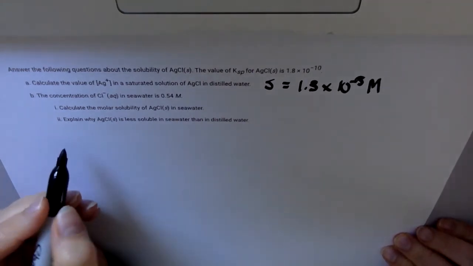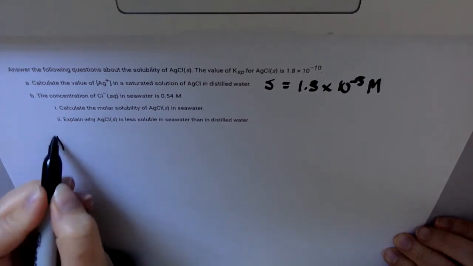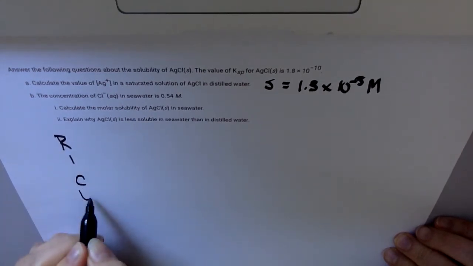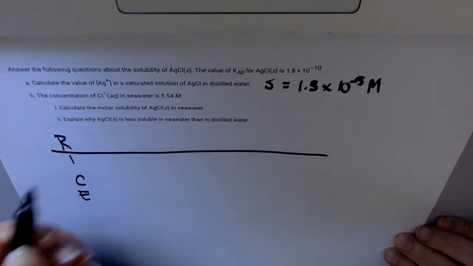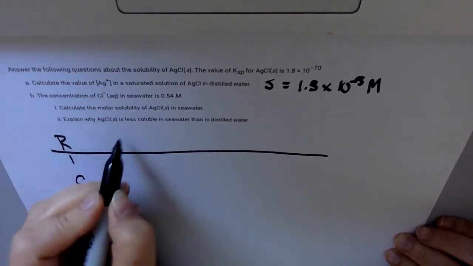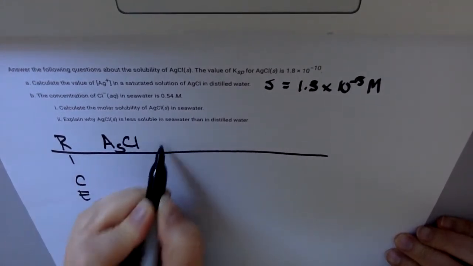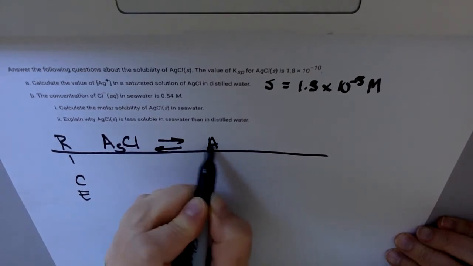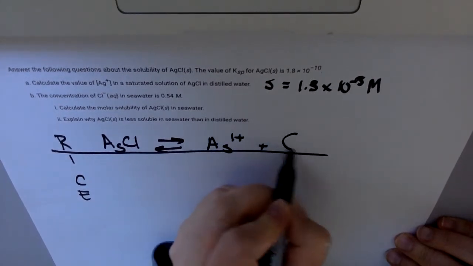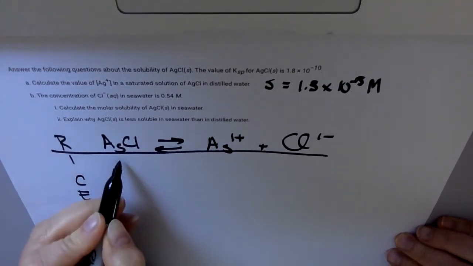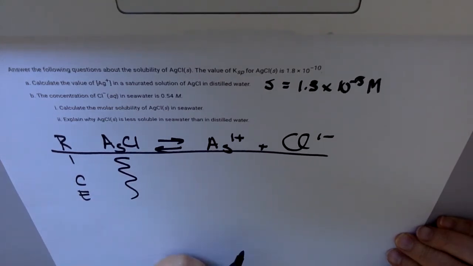Okay, so what we're going to do is make another ICE table, because I like ICE tables. So again, the idea here is that this is the dissolution. Again, this doesn't matter because it's a constant.